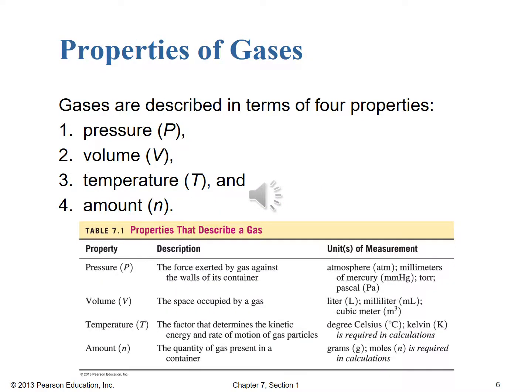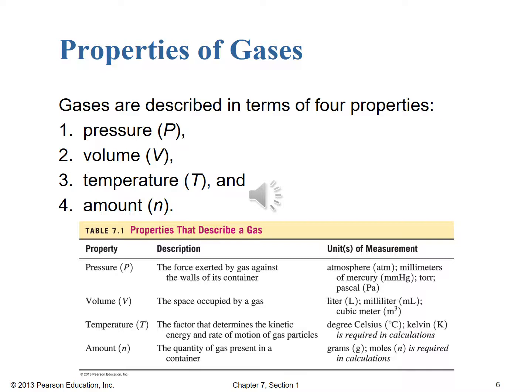All right, so here we have a property of gas slide. So gases tend to be described in terms of four key properties. Pressure, which has to do with how many gas particles there are and how much force they're exerting against the walls of a container. There's volume, which talks about the space occupied by that gas.